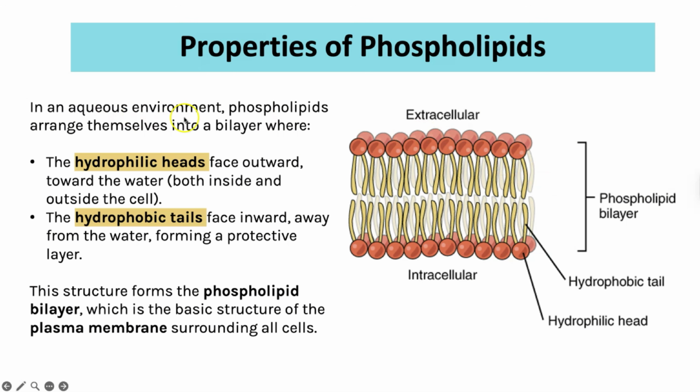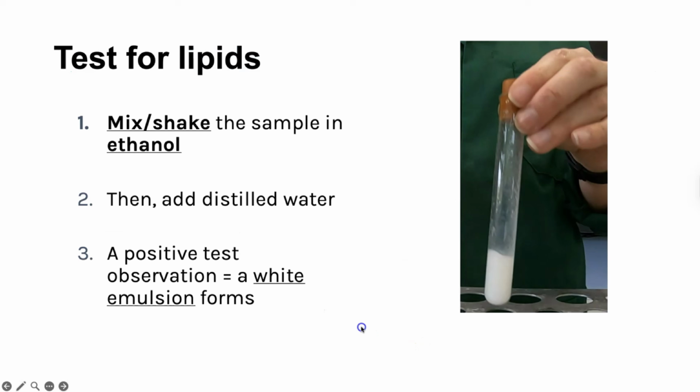In aqueous environments, because of that liquid, that water, the phospholipids will arrange like this. The hydrophilic heads face outwards towards the water because they can interact with it, but they're repelled by the lipids. Whereas the hydrophobic tails are repelled by water on the outside, so they spin inwards and they can interact with the fatty acids on the other side. So that's why it forms this bilayer structure.